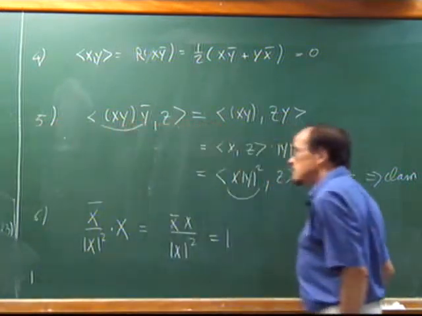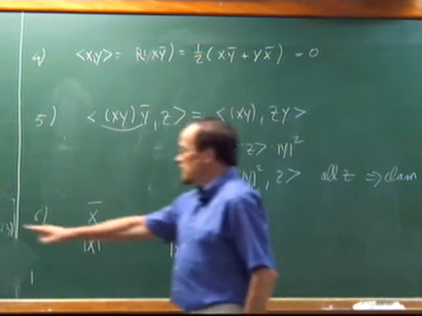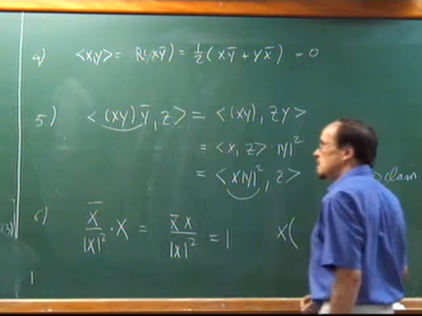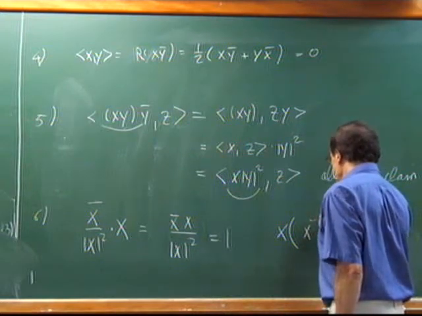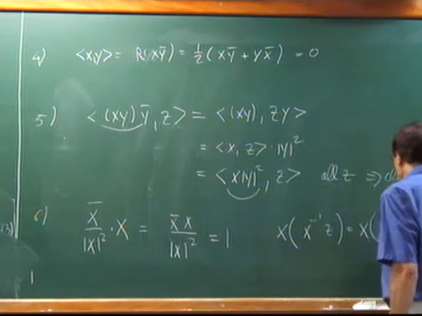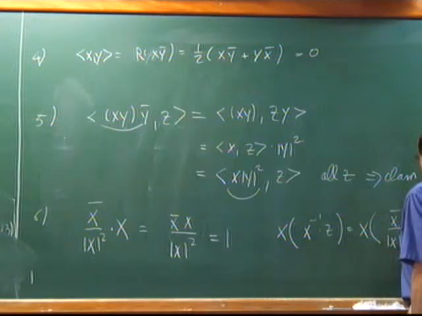For this I need rule 5, I think. So I want to claim that this is w. So I have to plug in x times what we claim w to be, which is x inverse times z. x inverse is x bar divided by norm x squared multiplied by z.